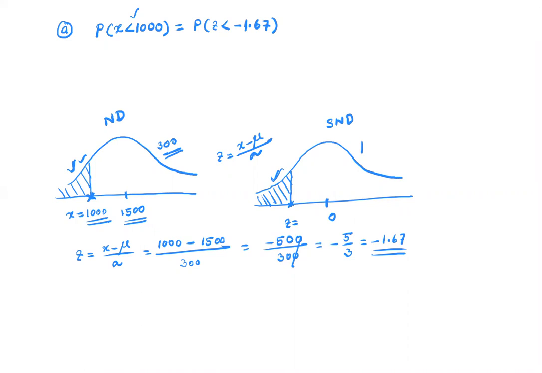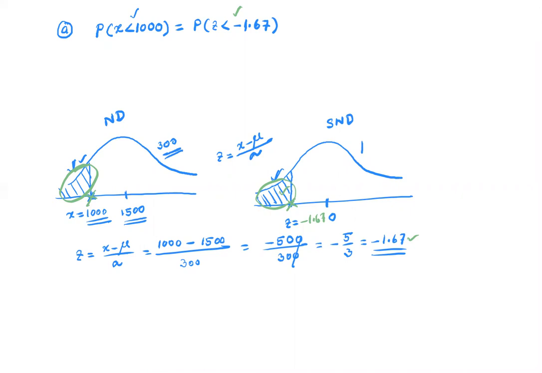This area is the same as this area, and this area is represented by this because z is negative 1.67. Okay, we found it here. So this point is negative 1.67, corresponding to this point, which is 1,000. All right. So negative 1.67.